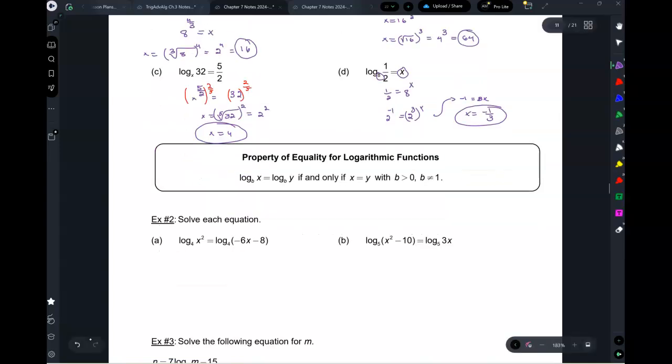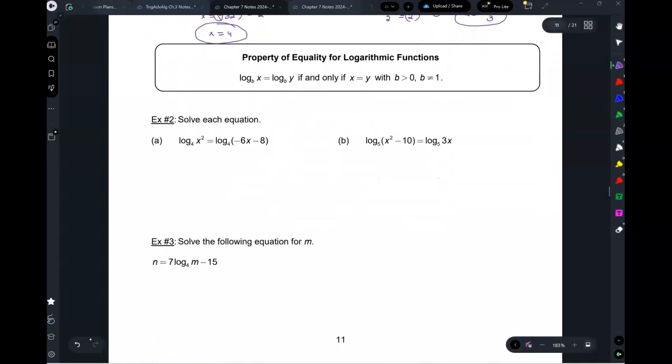Okay, what if you have logarithmic functions? So here's the deal. If you have identical logarithms, you can set the insides, the arguments, equal to each other. Okay, easy enough, right? Okay, so let's take a look at this one. Log base 4, log base 4, fantastic. We can set these equal to each other.